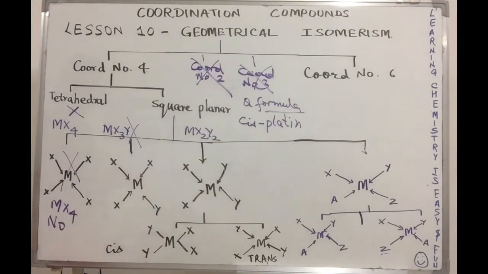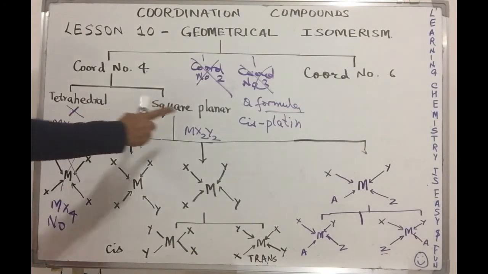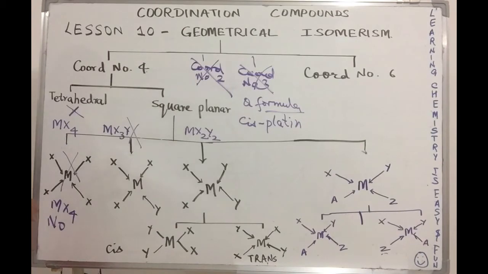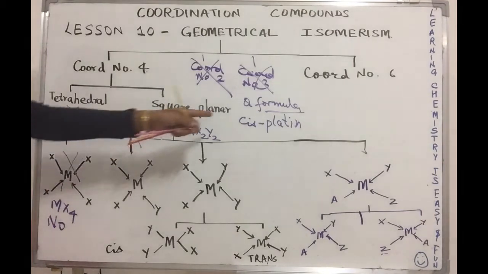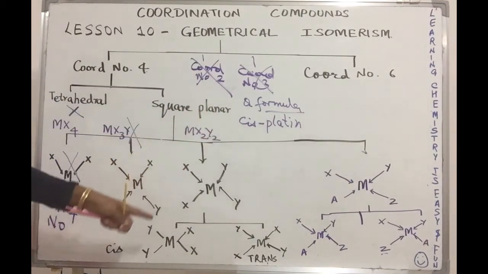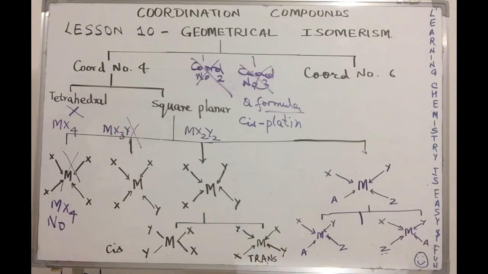Cisplatin is an anti-cancer agent and it is used for removing tumors. And interestingly, the trans form, on the other hand, is toxic in nature. If it is used, then it can even turn poisonous. So on one hand, cisplatin is helping humanity.